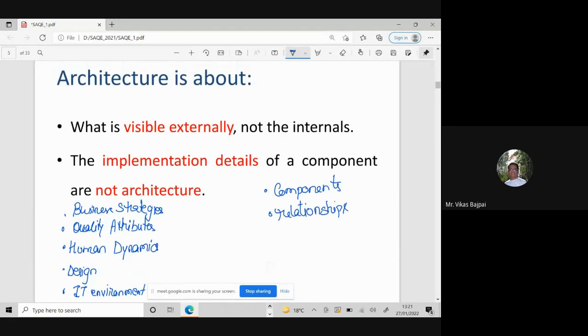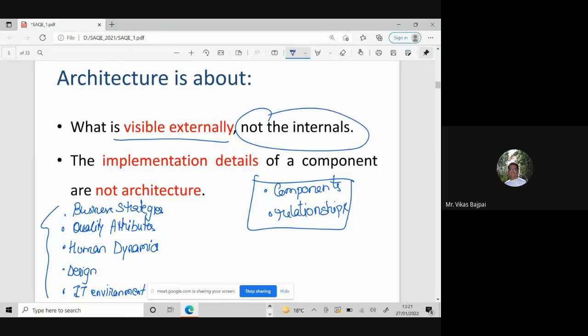Right. So from these things, you might have got the idea that the architecture is what is visible externally. We are not talking about the internals. We are not going into coding logic. I am only dealing with the externally visible components, how my application is going to look.